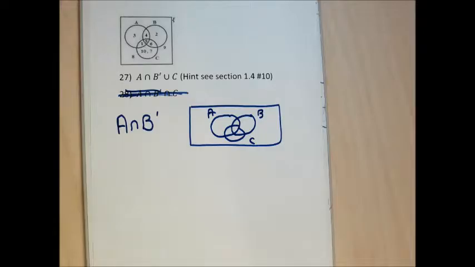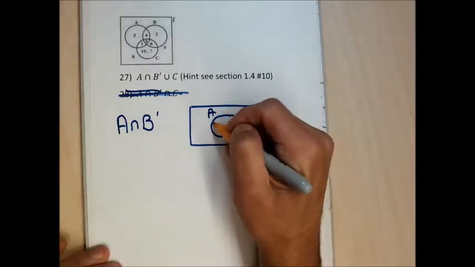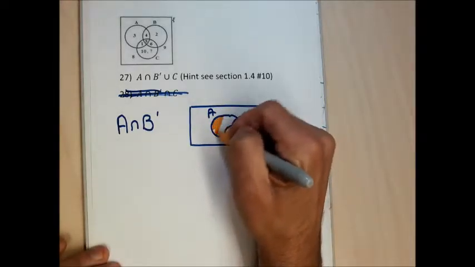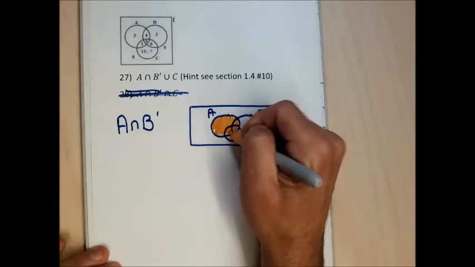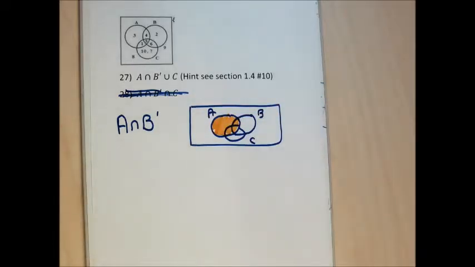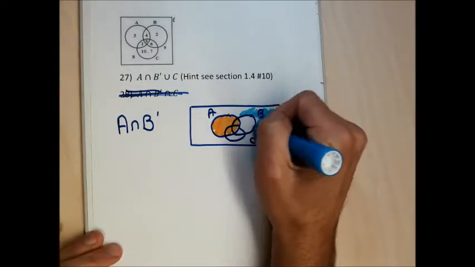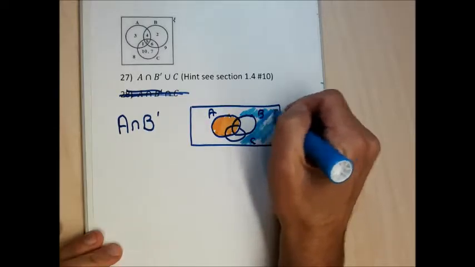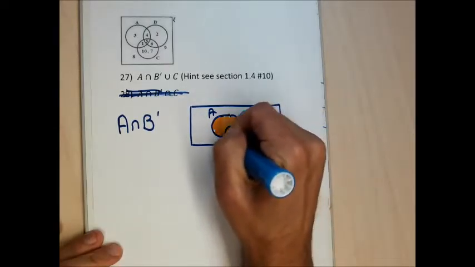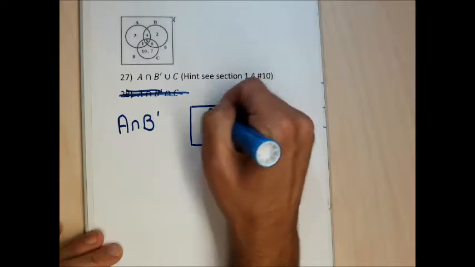To do A intersection B complement, I'm going to draw set A in a color. And then I'm going to do B complement in another color. B complement is anything outside the B circle. So I go right up to the B circle, all around it.